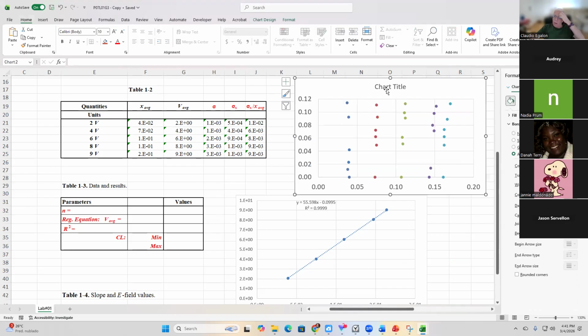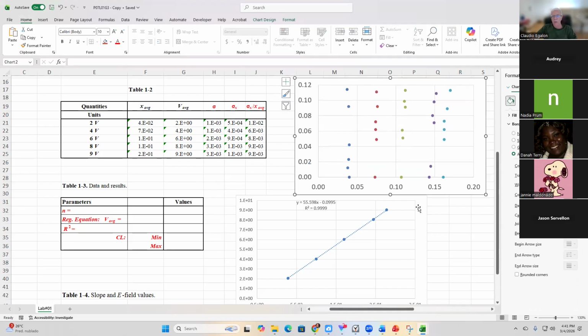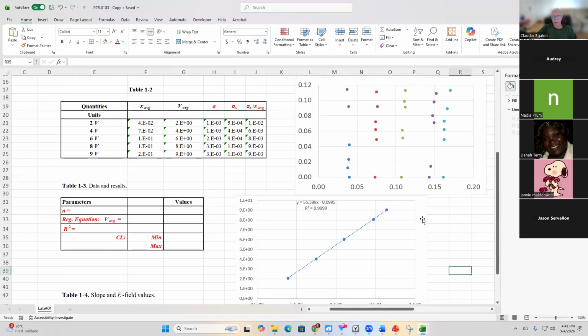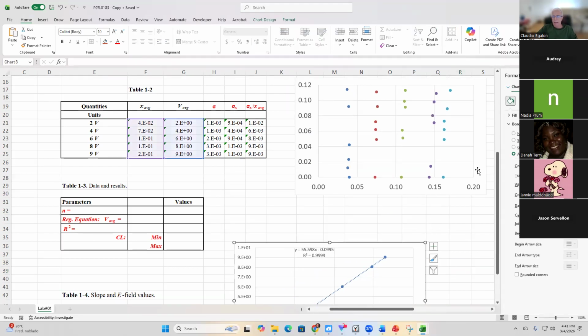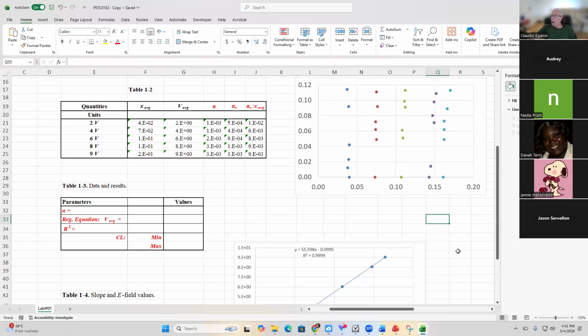I walk you through. I don't like to display the chart title. But don't forget, you have to include the axis title. Let's do that again. We did that last time. Are you folks following? Am I going too fast? No. Okay.